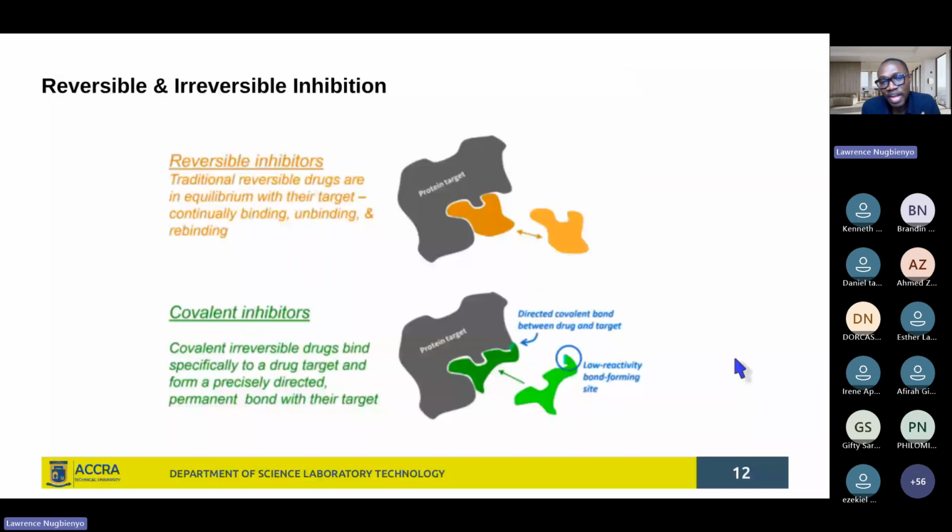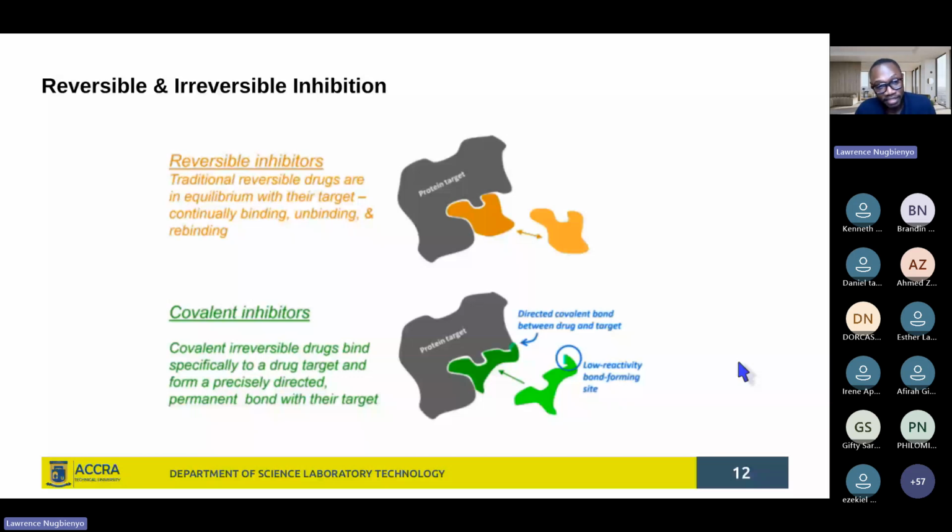Now we can also look at inhibition in two ways, that you have some reversible and some irreversible inhibition. So reversible means that you have inhibitors that bind to an enzyme, but those inhibitors can dissociate from the enzyme.